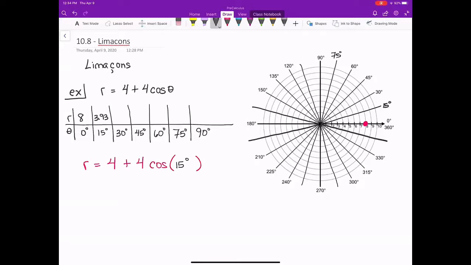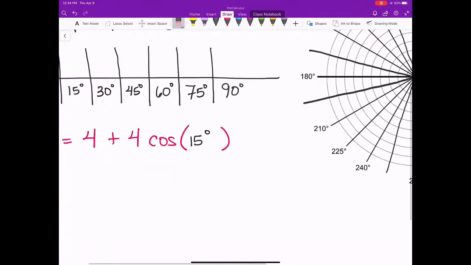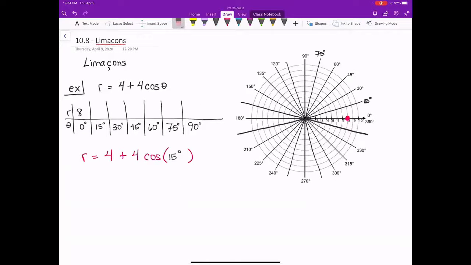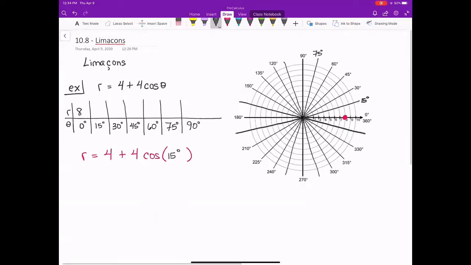Cosine of 15 times 4 plus 4, that's about 7.86. So I'm going to go over to an angle of 15 degrees, out to a circle of almost 8, but not quite, so about right there.